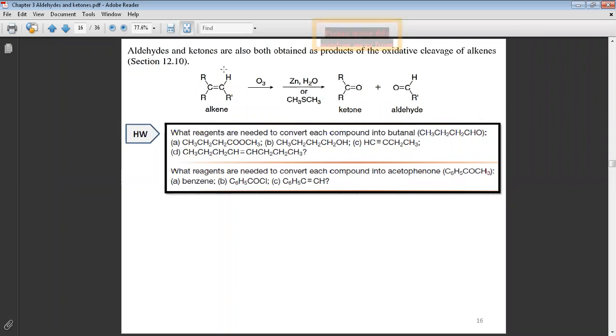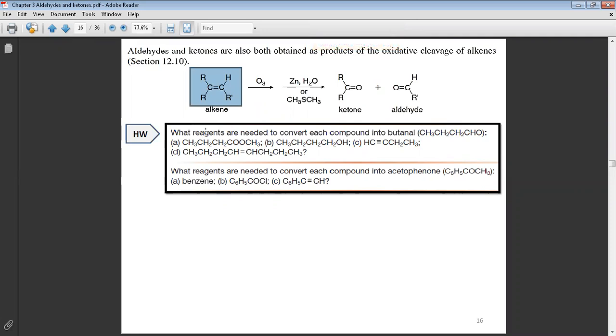If I give you a starting material with hydrogen on both, both products will be aldehyde. If I give you an alkene with four R groups, 1, 2, 3, 4, both products will be ketones without aldehyde. That means the product will sometimes be ketone, sometimes aldehyde, depending on your starting material that you use for the ozonolysis.